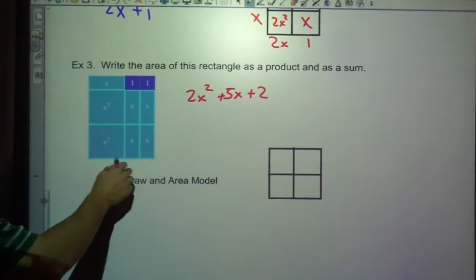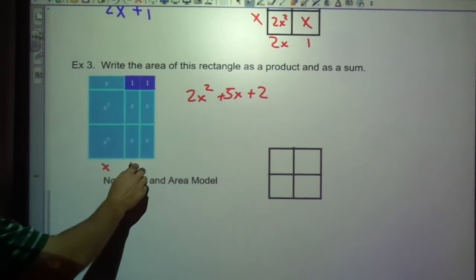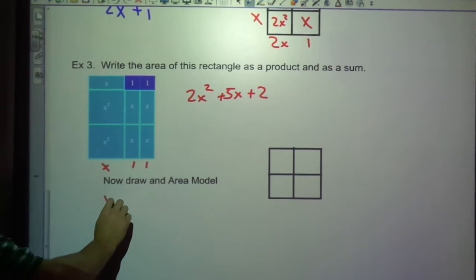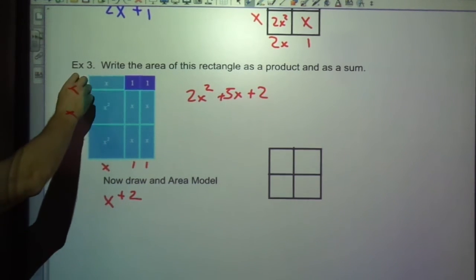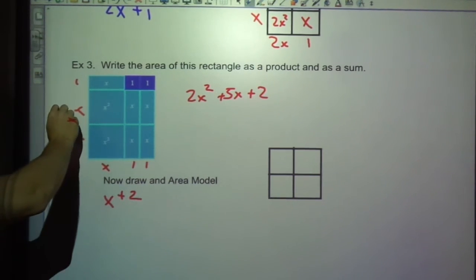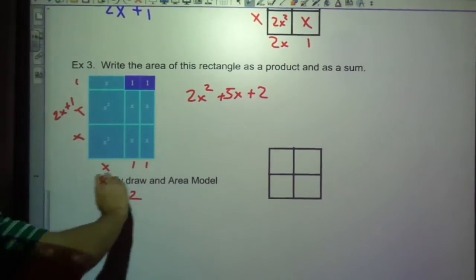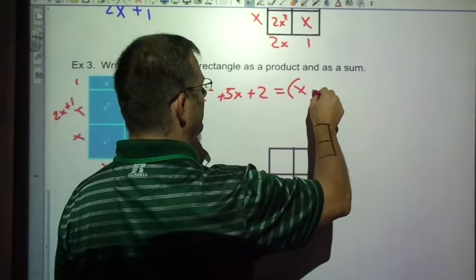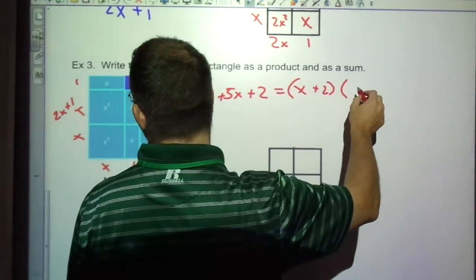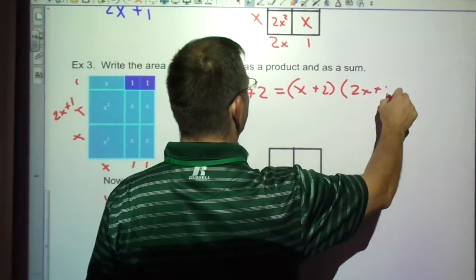So then this is going to be x, and this is going to be 1 and 1, so this is x plus 2. And here's x, x, and 1, so that is 2x plus 1. So this is actually very, very similar to the last one. It's just configured a little bit differently. So x plus 2, 2x plus 1.